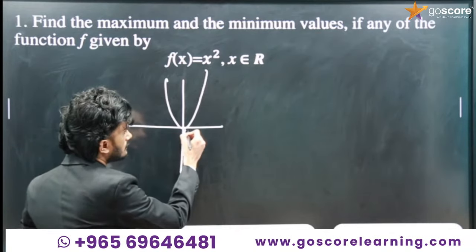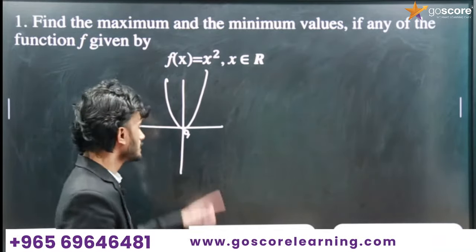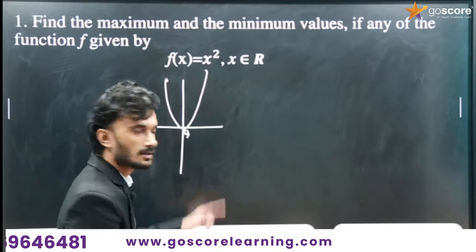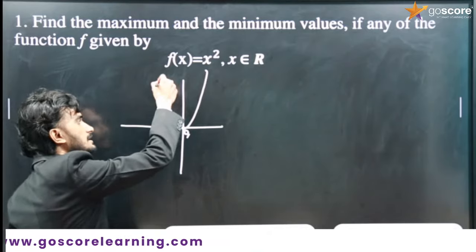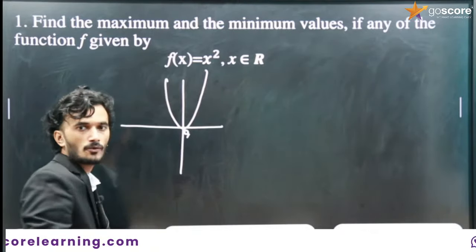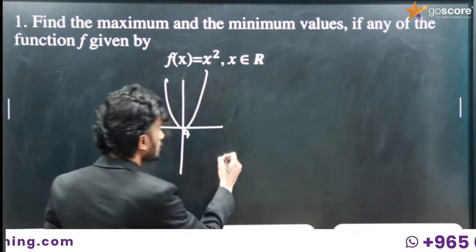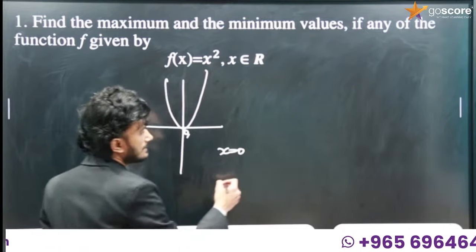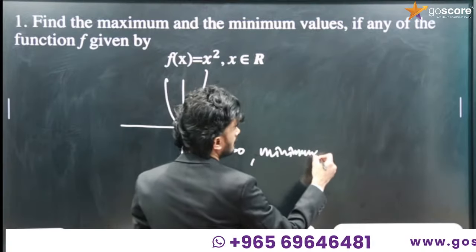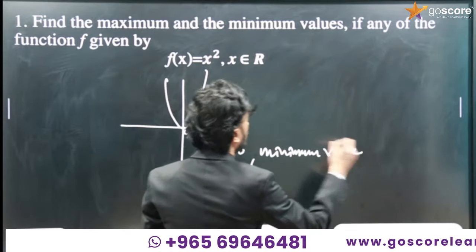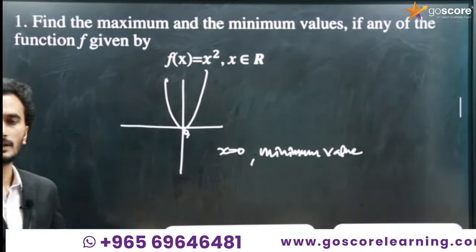So based on this we can discuss. Here this one is the origin. So what is the minimum value? This function can attain the minimum value of 0 at x is equal to 0. So x is equal to 0 is the minimum value. So what is the maximum value? There is no maximum value.